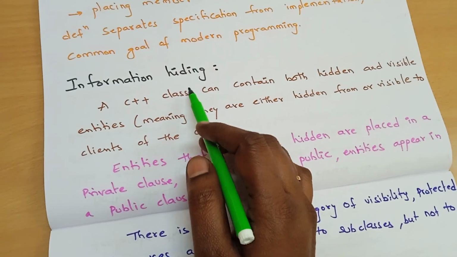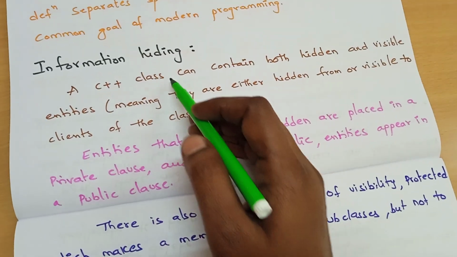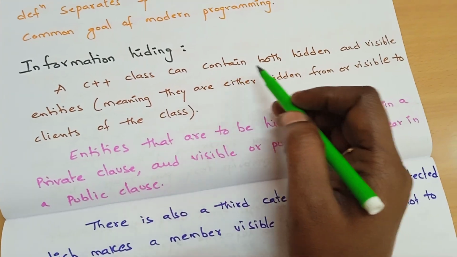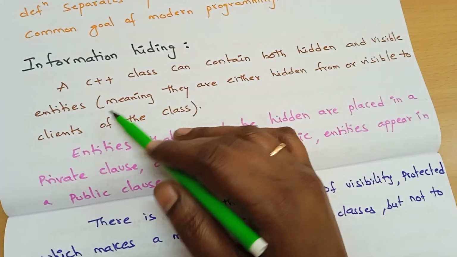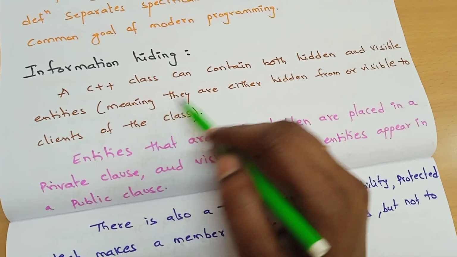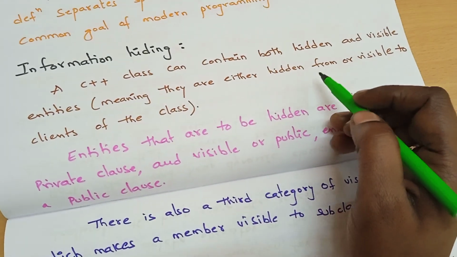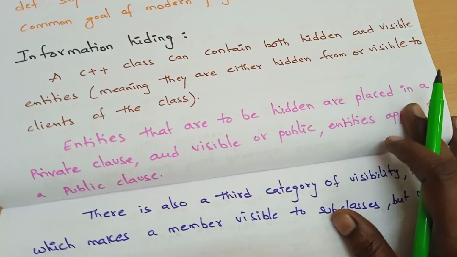Information hiding is also one of the features provided in C++. A C++ class can contain both hidden and visible entities, meaning they are either hidden from or visible to clients of the class.